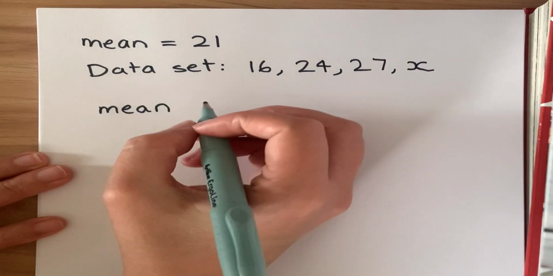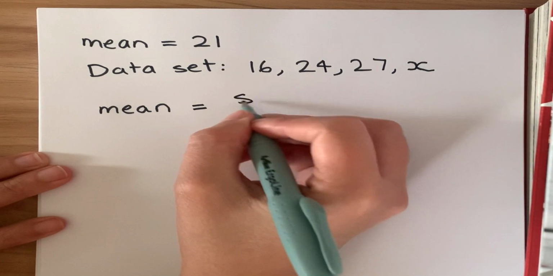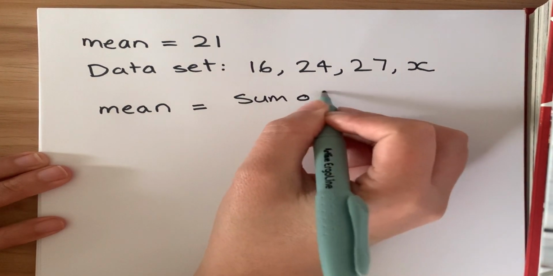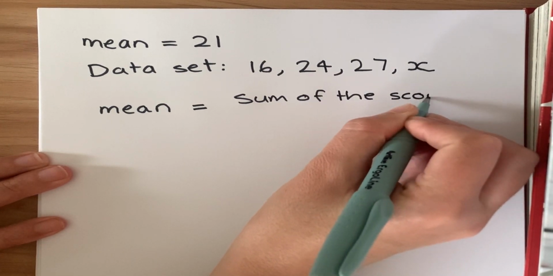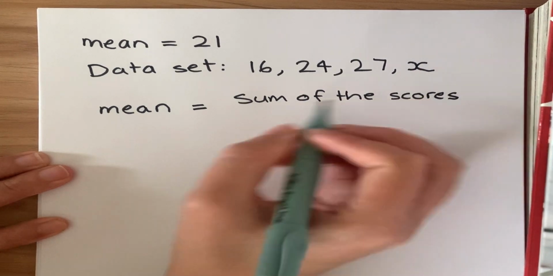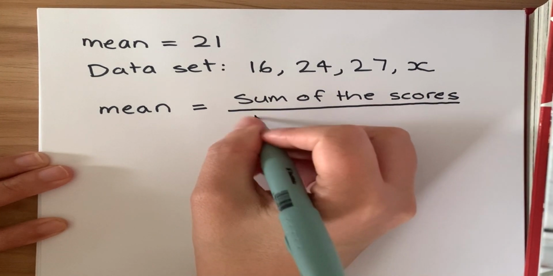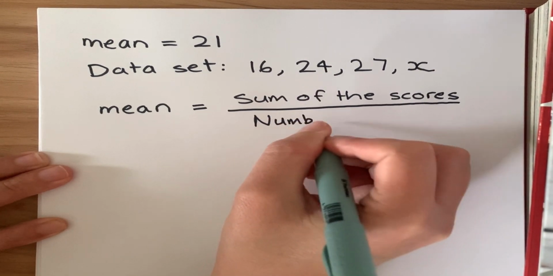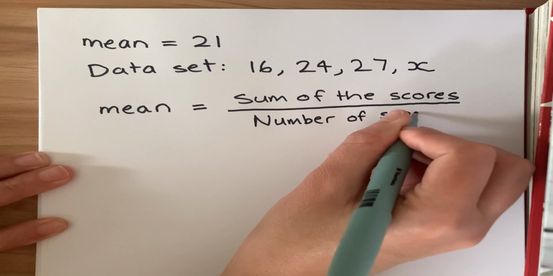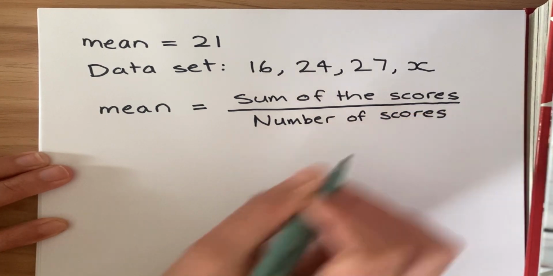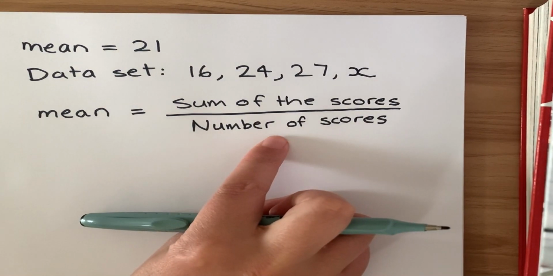So mean is equal to the sum of the scores divided by the number of scores. Okay, so this is our formula for mean. We did this lesson.